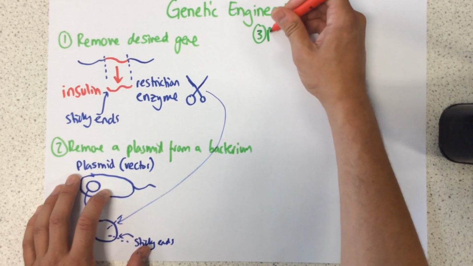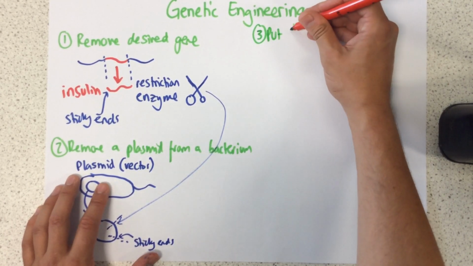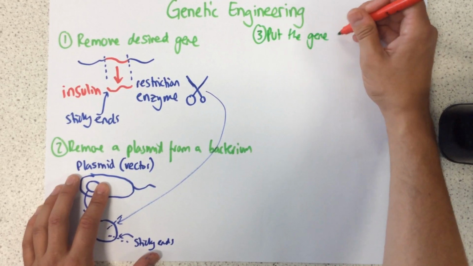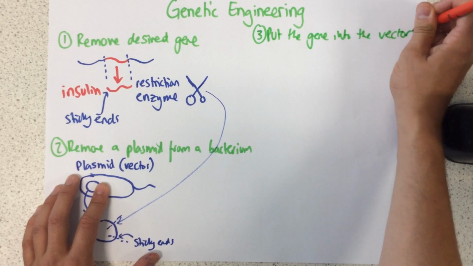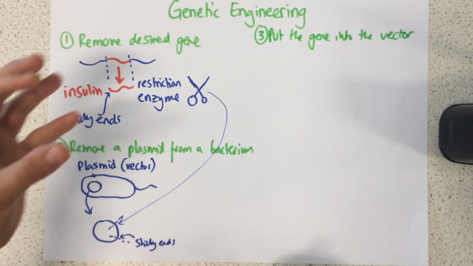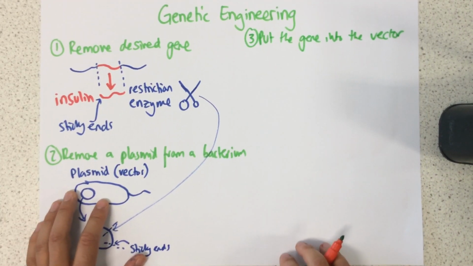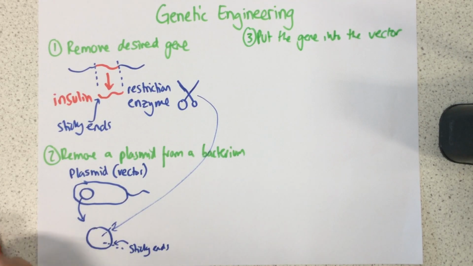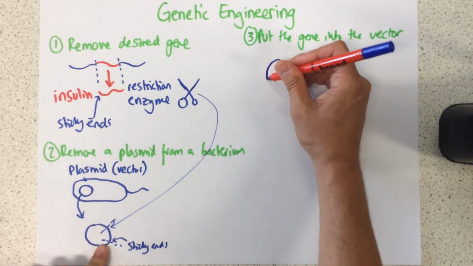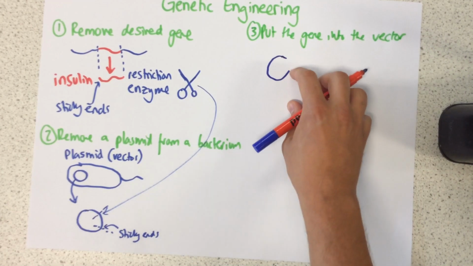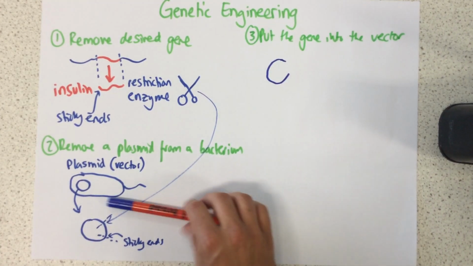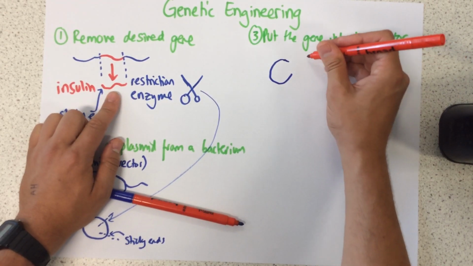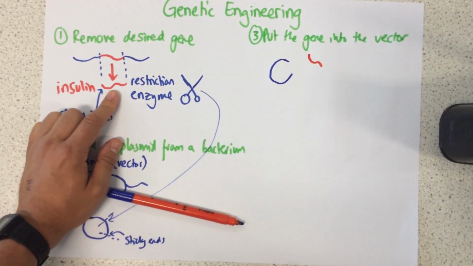So number 3 is to put the gene into the vector. In this case, the vector is a plasmid, the thing that's going to carry our desired DNA. So here's my plasmid. Remember, it's had this section cut out using restriction enzymes. And here is my desired gene, insulin.